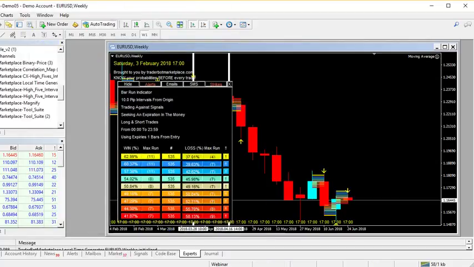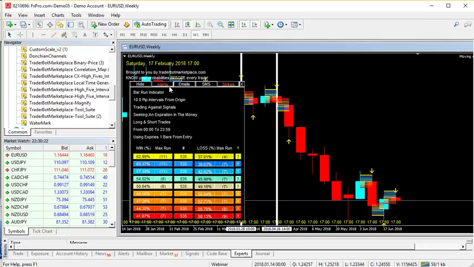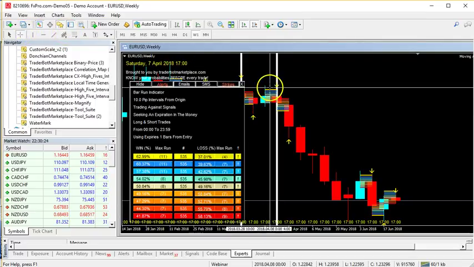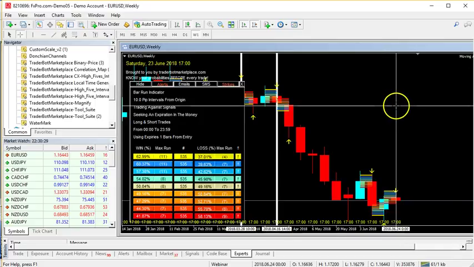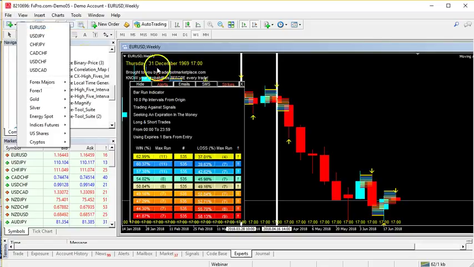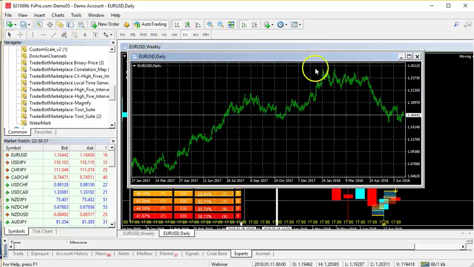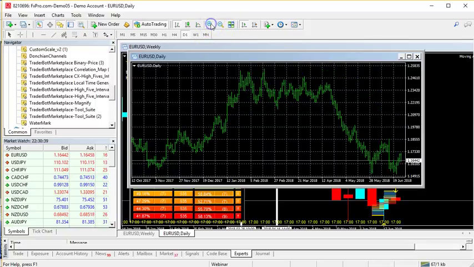Okay, now I want to scroll back to June the 18th. I'm going to open up a different chart. Sorry, that one's on weekly. This is going to be on daily. Now I'm going to scroll back to June the 18th. This chart's kind of ugly, but it'll work.